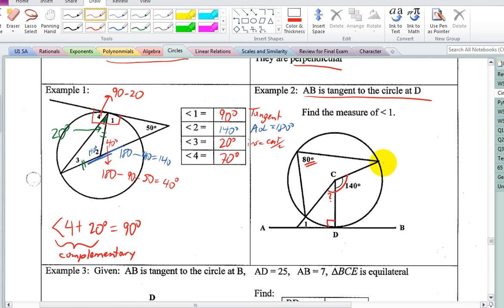So this entire big angle is the central, pardon me. So that equals the inscribed times 2. So it equals 160 degrees, pardon me. So it's going to be 80 times 2.